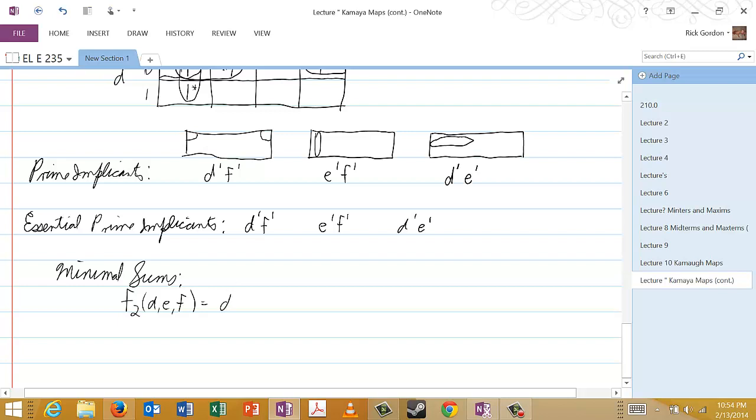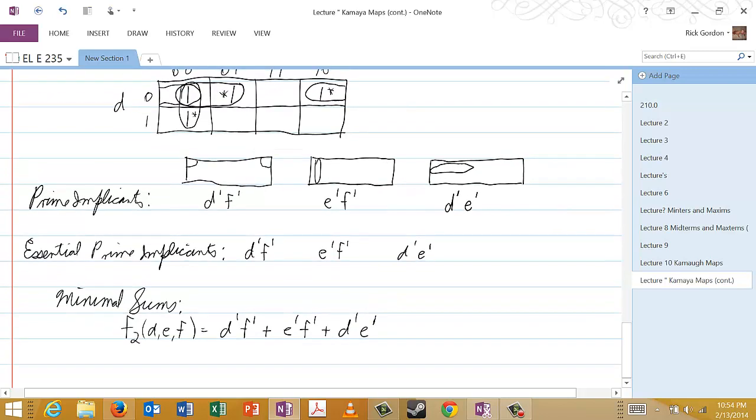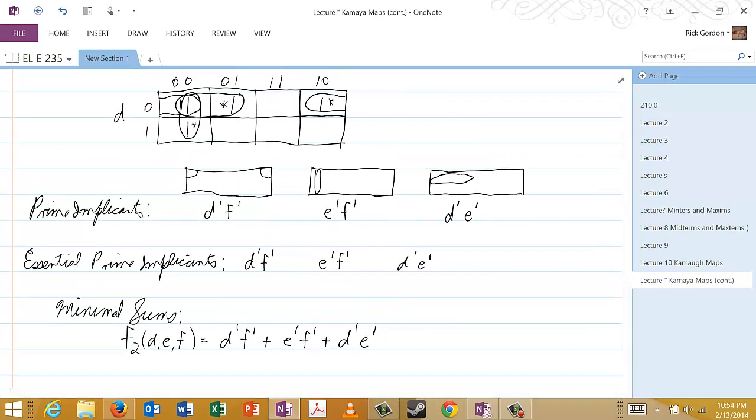So we must put down D prime F prime, or E prime F prime, or D prime E prime. And now we want to see if anything else is needed. And so let's look at what we've accounted for first. By including D prime F prime in our minimal sum, we have taken care of this one cell and this one cell.